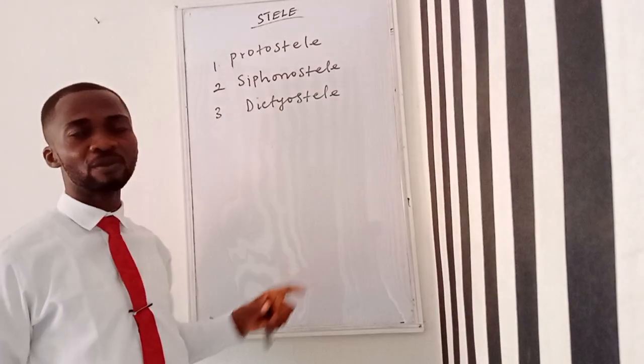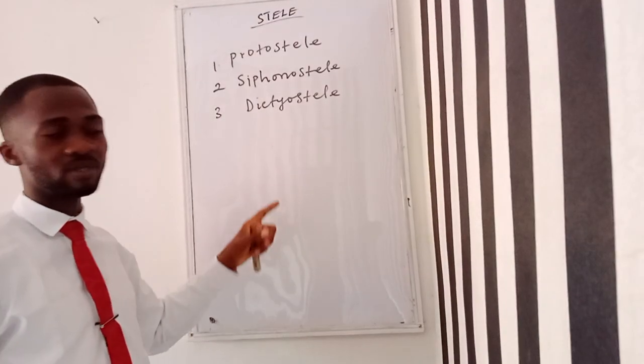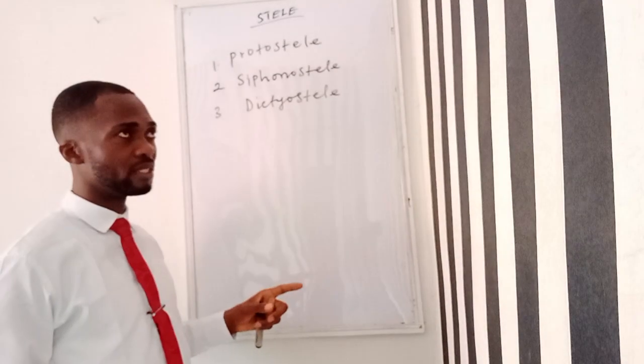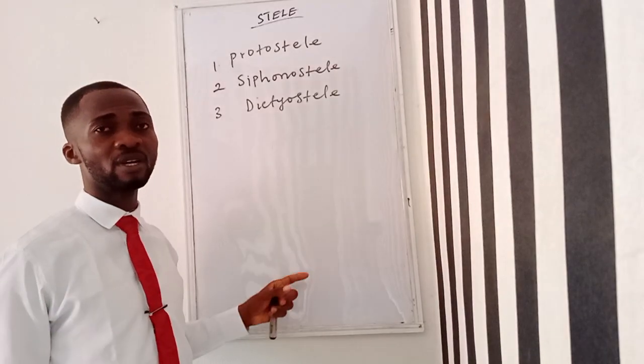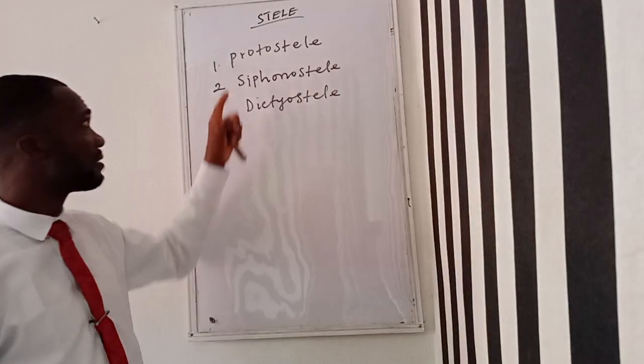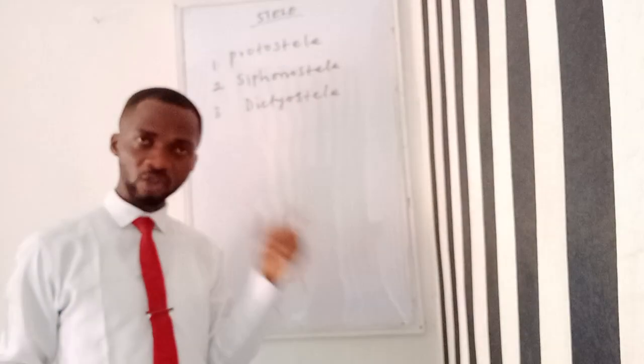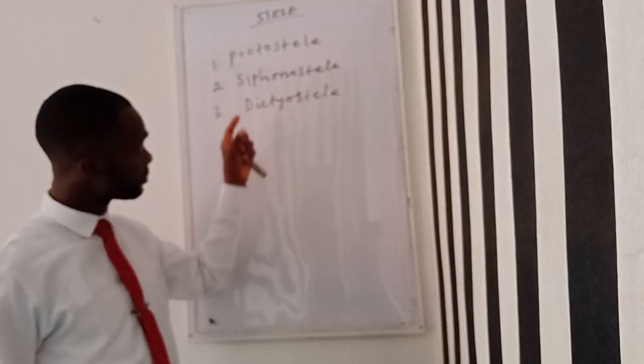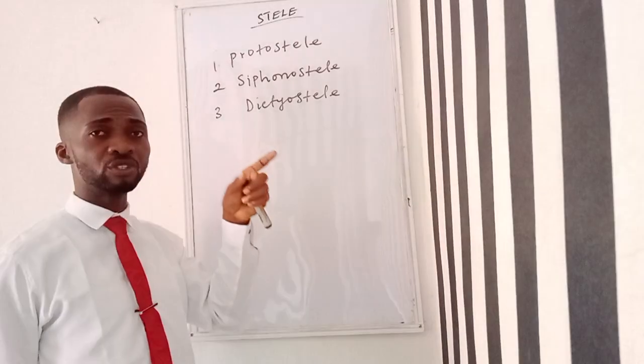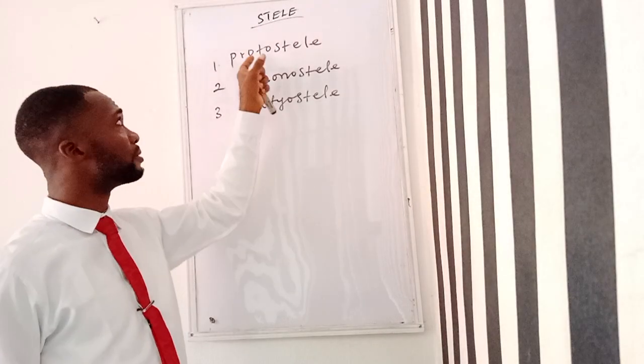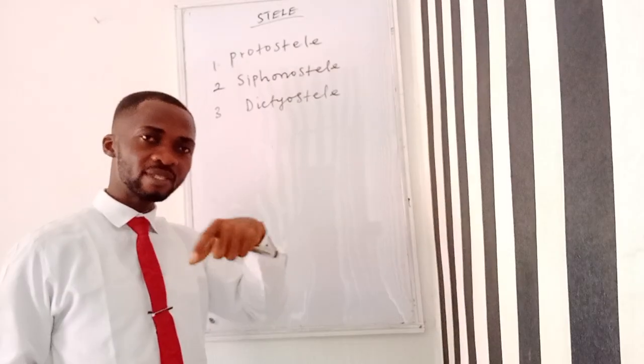If you look at examples of plants that have this protostele, like the rhizome of Psilotum and also Lycopodium clavatum, these species of Pteridophyta have the protostele, and you can't see pith in them.